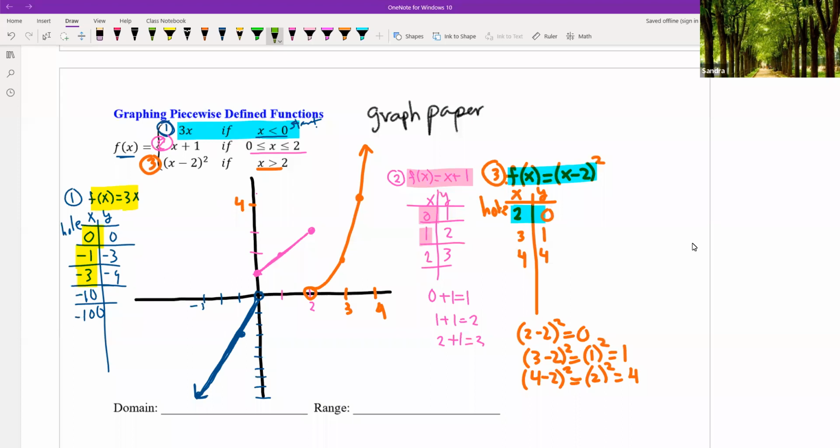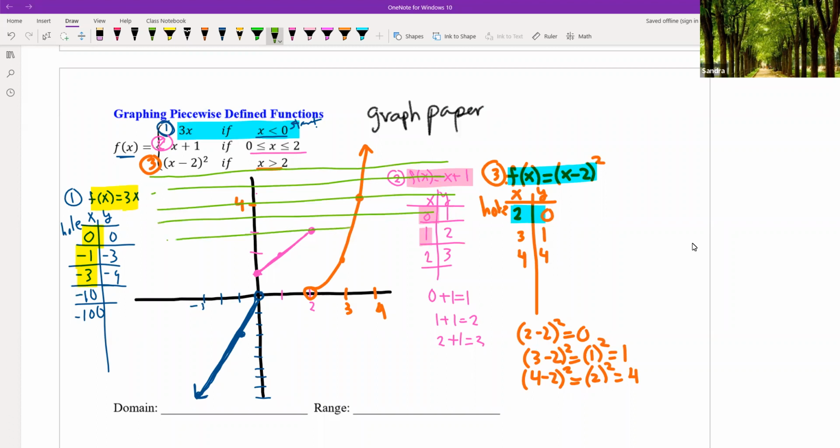Suppose the green color is my ruler. I can touch the graph, keep moving the ruler down until you can find a break on the graph. I come across right here, and I can see that there's a hole, and there's another hole right here. There is a break at 0.